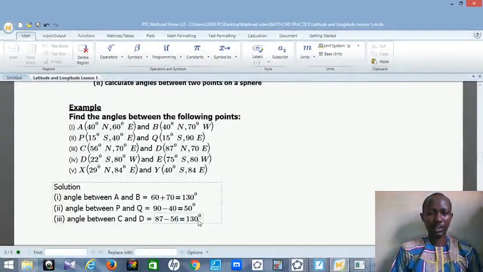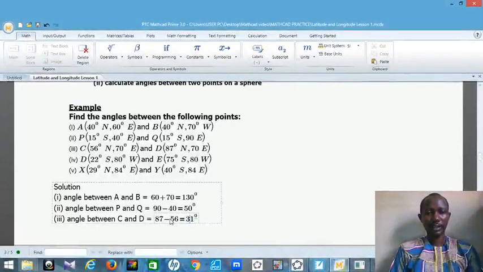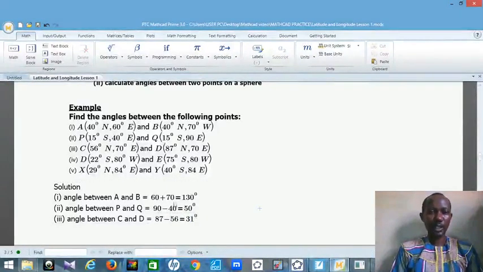So when you subtract 87 minus 56, what will it give you? This will be 1. Then 8 minus 5 is 3. So you are going to get 31. So the answer is 31 degrees. So the angle between C and D is 31 degrees.